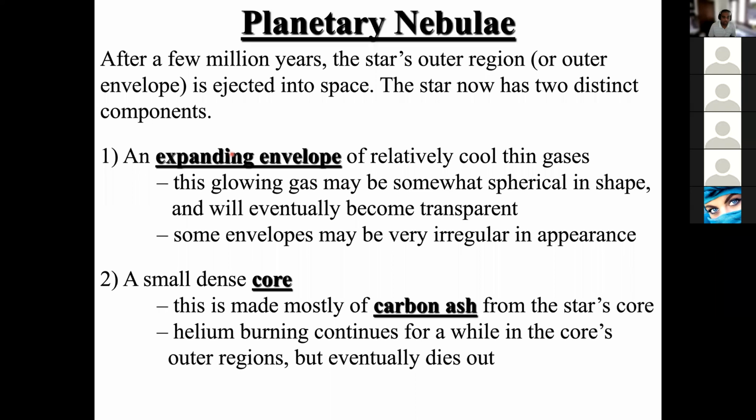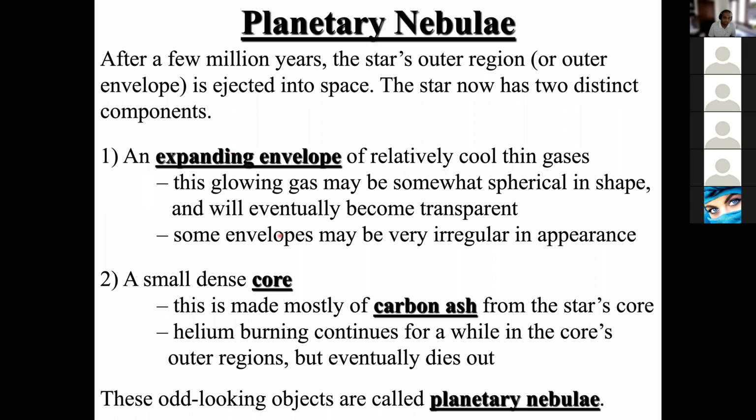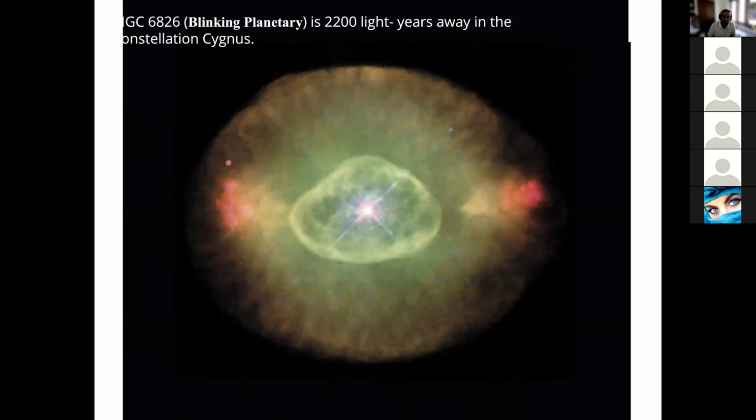And after that, this object that consists of these two parts, the expanding envelope and this dense core, is called a planetary nebula. Right? And these are just some examples of planetary nebulas, where you have a dense core right here. And as the next phase, we will learn that this dense core is actually a white dwarf.